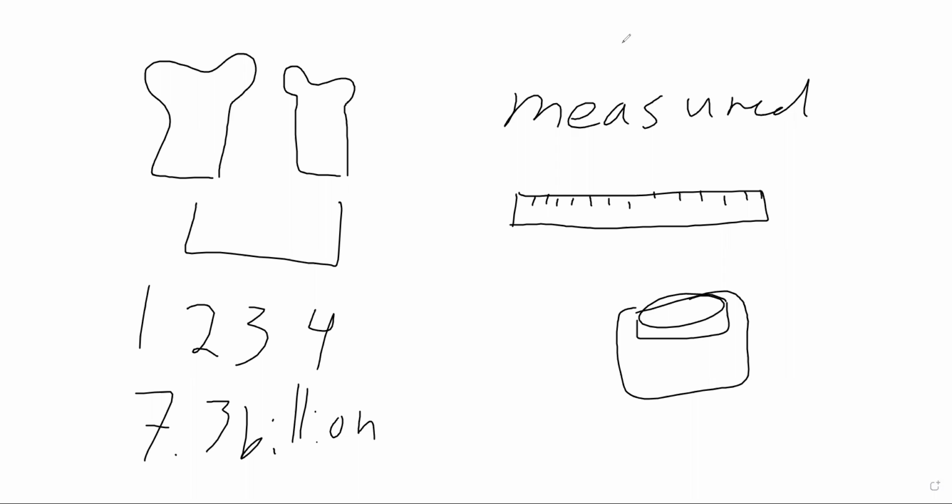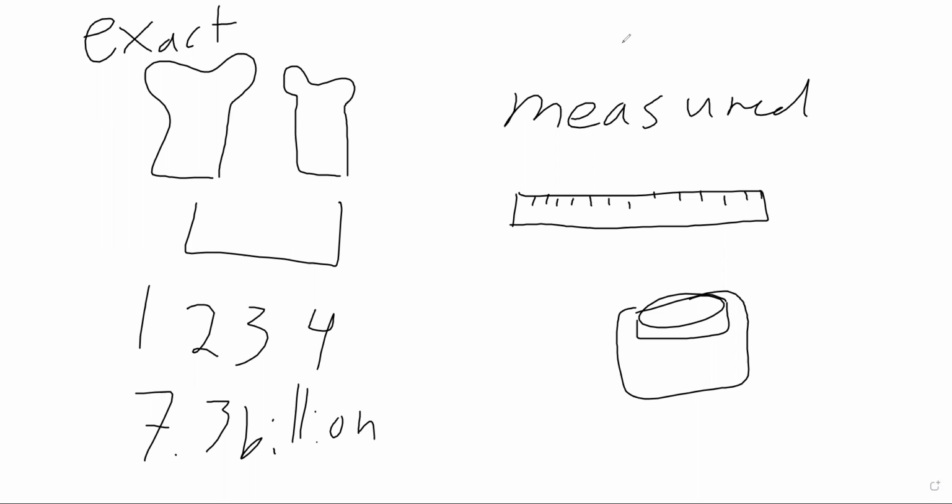So with these measured numbers, there's a lot less certainty that goes into them than with those exact numbers. And so with a measured number, the last digit of your number is always a guess or it's rounded.